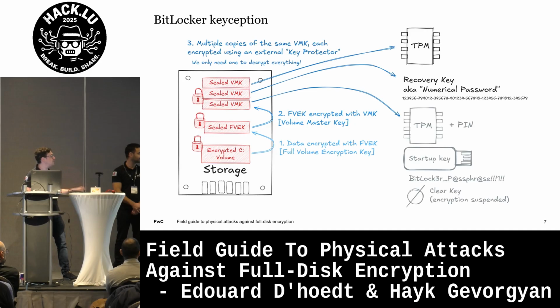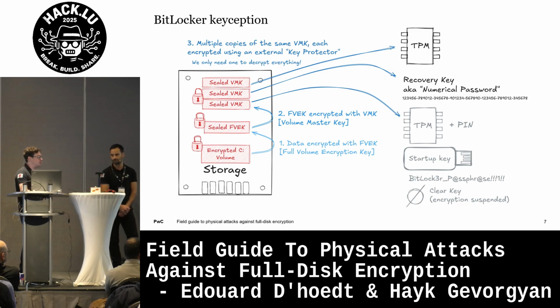We will have multiple copies of the VMK that are sealed or encrypted with what we call key protectors, which are essentially ways to derive key or to store keys outside of the ecosystem of the storage.